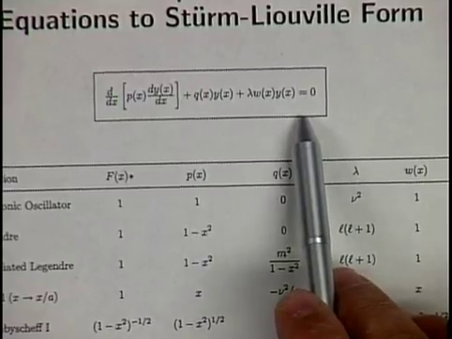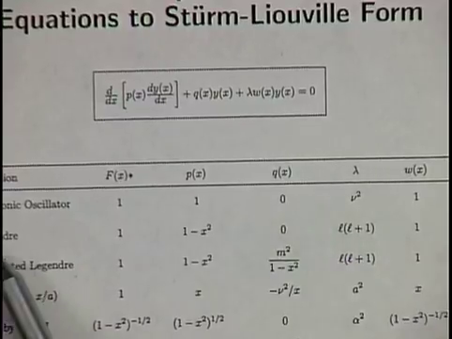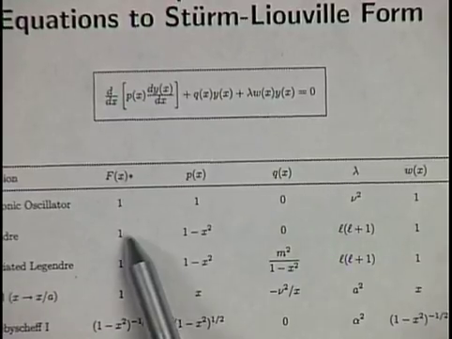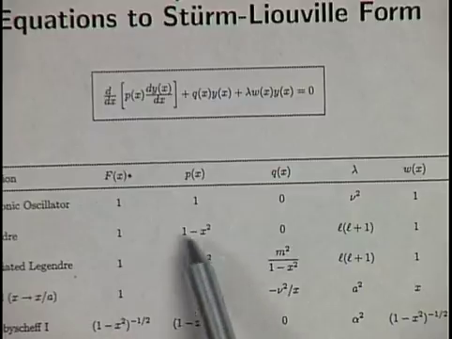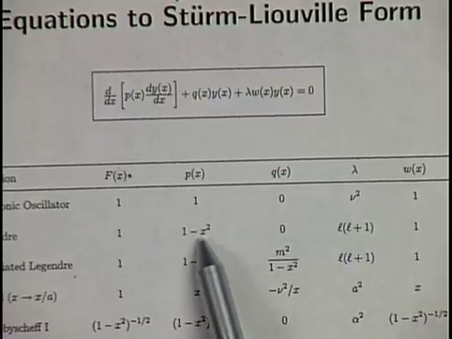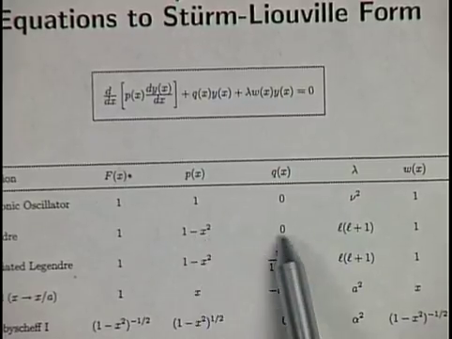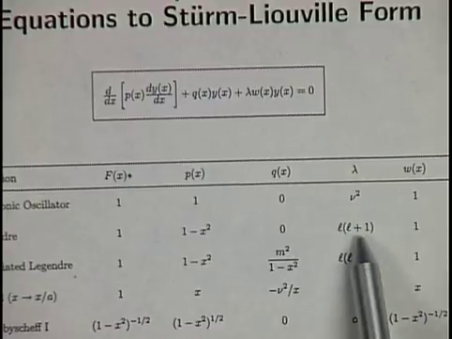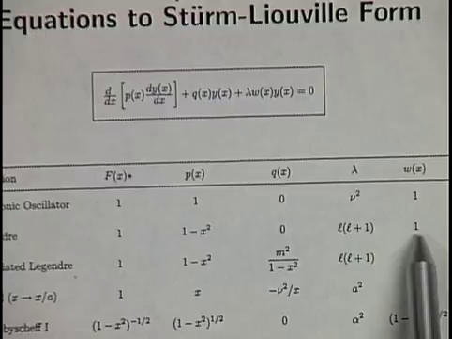The harmonic oscillator equation. If you look at the Legendre equation, you will notice that p of x is just 1 minus x squared. Q of x is 0. Lambda is l multiplied by l plus 1. And omega is 1.